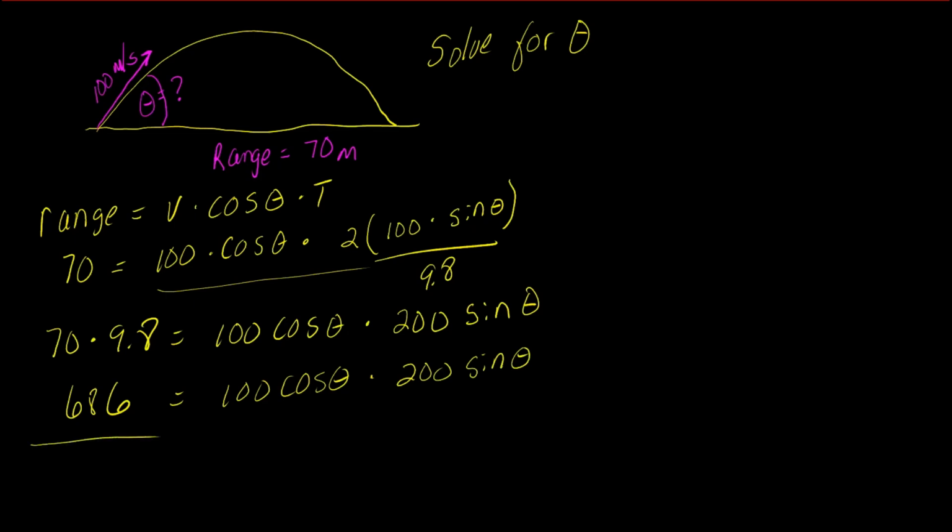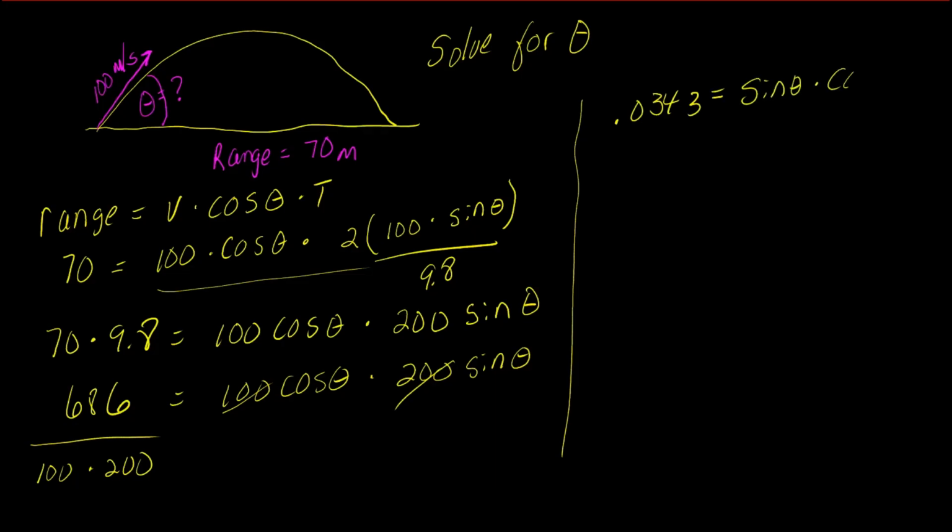Let's divide by both 100 and 200. So this would give me 0.0343 equals the sine theta times cosine theta.